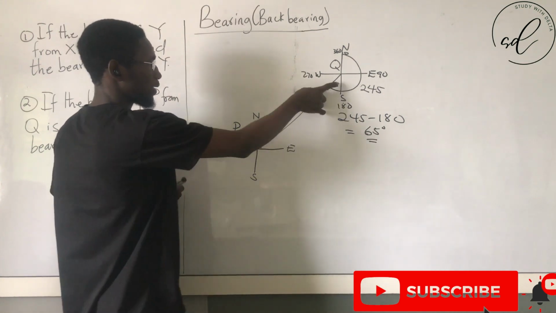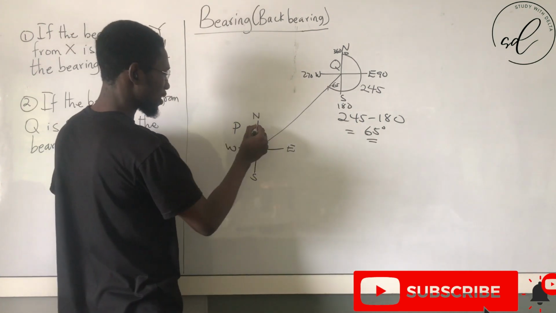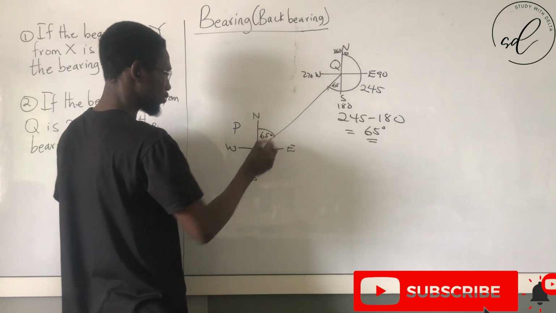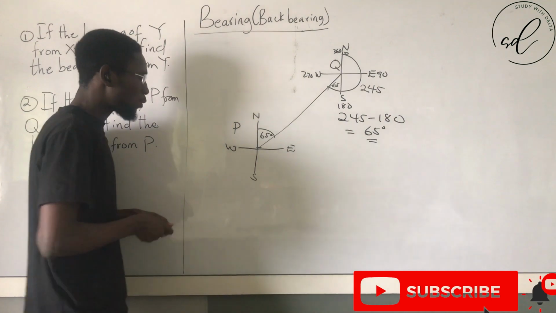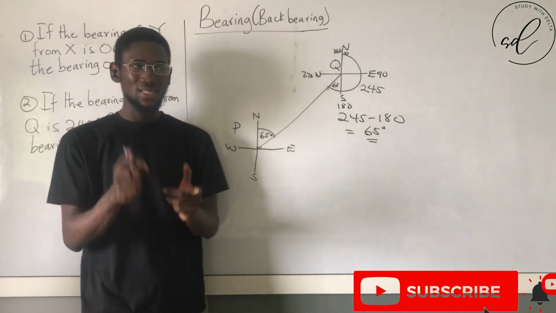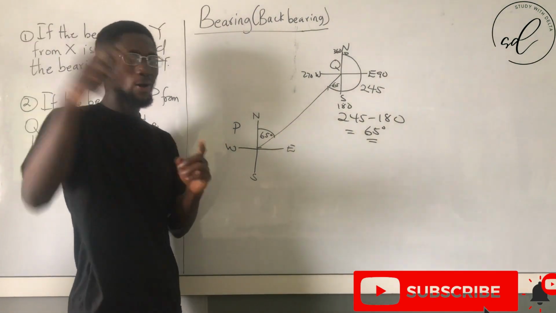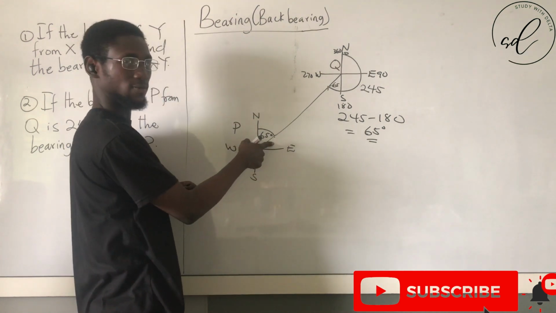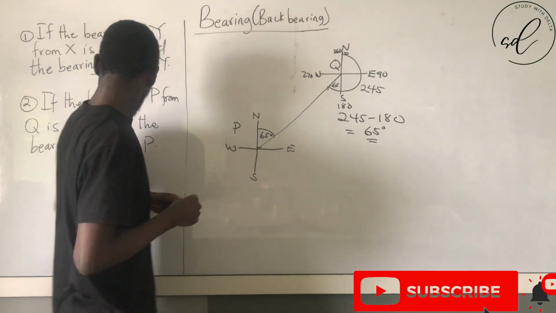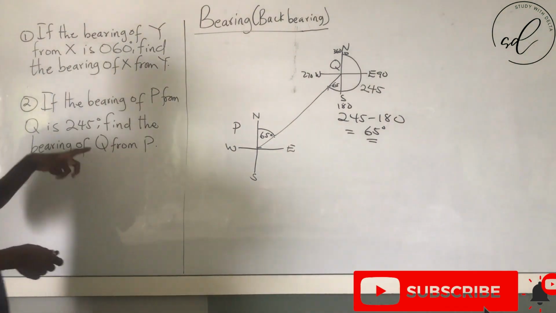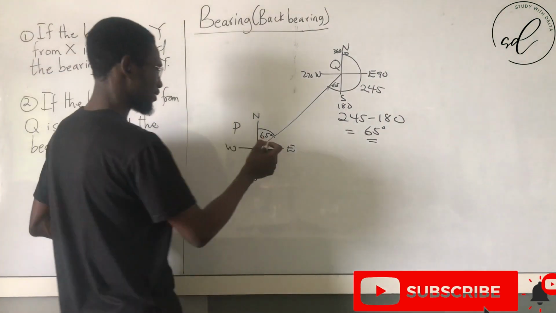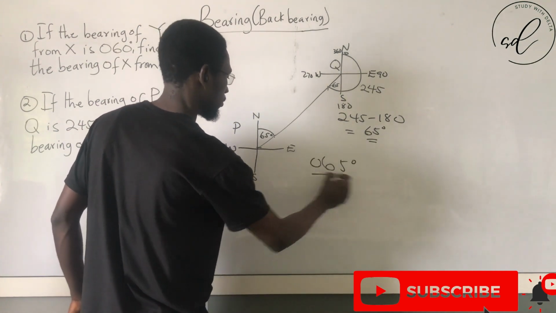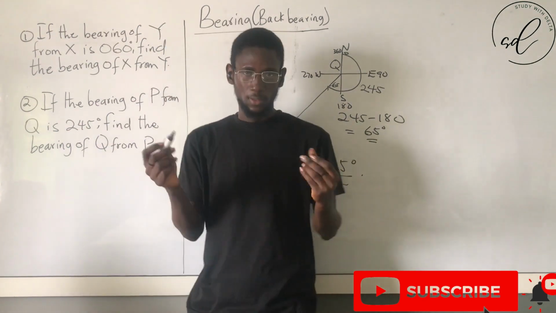So this side is going to alternate with this side, just like we did for the first one. So since this is 67, this is also going to be 67. Now we know our angles are always taken from the north to where our line is. So from the north to our line is 67. So the bearing of Q from P is 67, as we have it right here. Thank you very much.